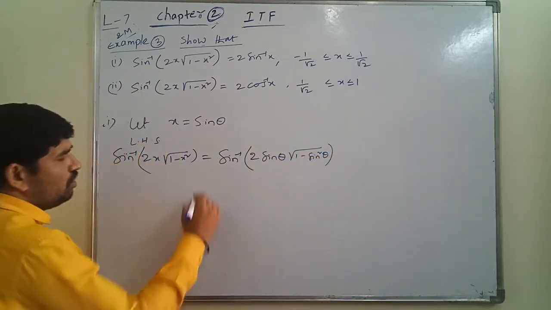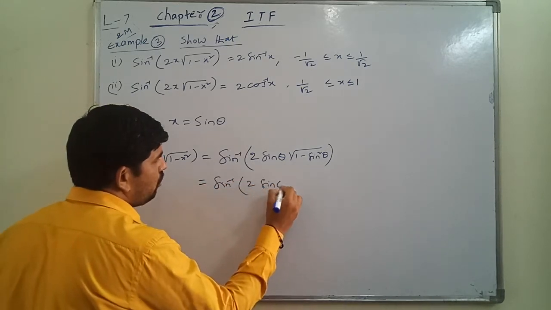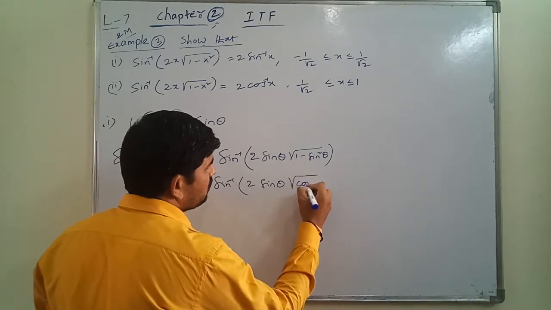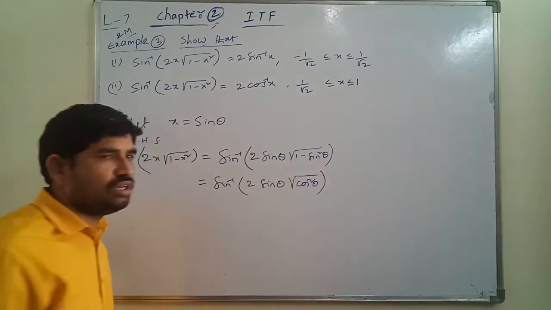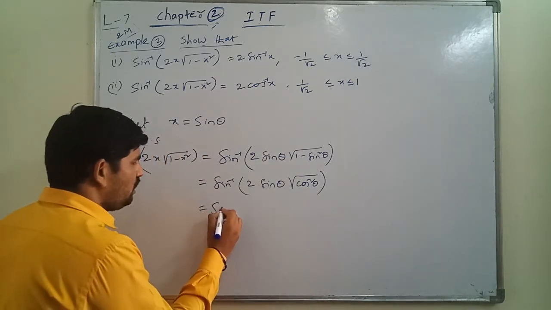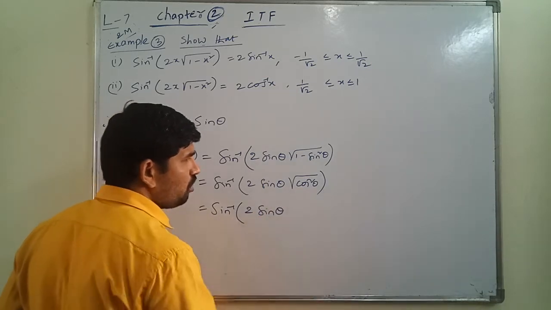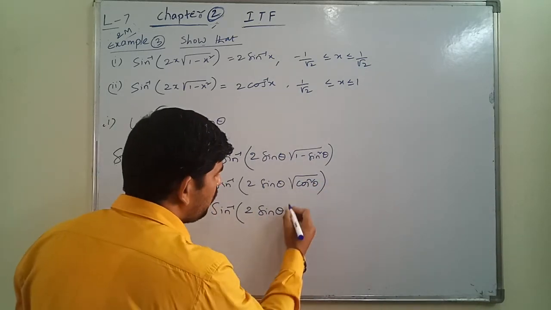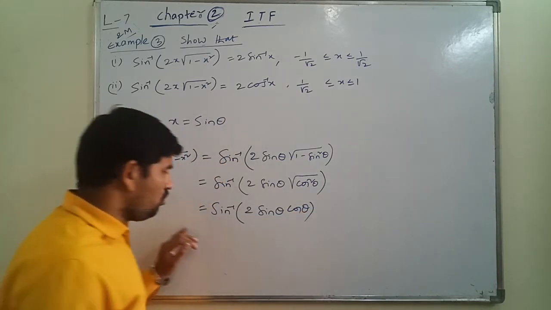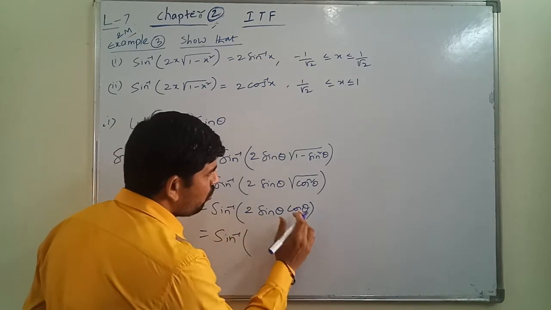Now root of 1 minus sine square, from the trigonometric ratios, we can write as cos square theta. The square root gets cancelled and you will write cos theta. Now sine inverse of 2 sine theta cos theta.